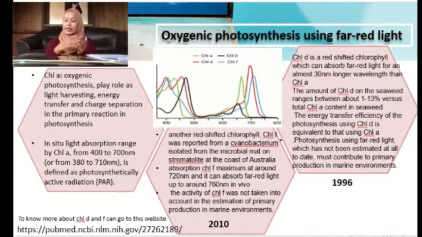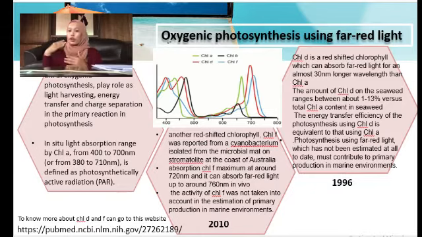But in 1996, chlorophyll D was found. Chlorophyll D can absorb far red light, 13 nanometer wavelength more than chlorophyll A. The energy transfer efficiency between chlorophyll D and chlorophyll A is the same. The amount of chlorophyll D in seawater is more than chlorophyll A, in a range of 1 to 13%.